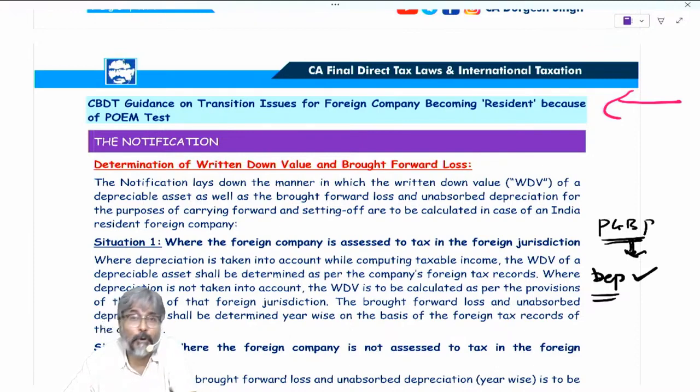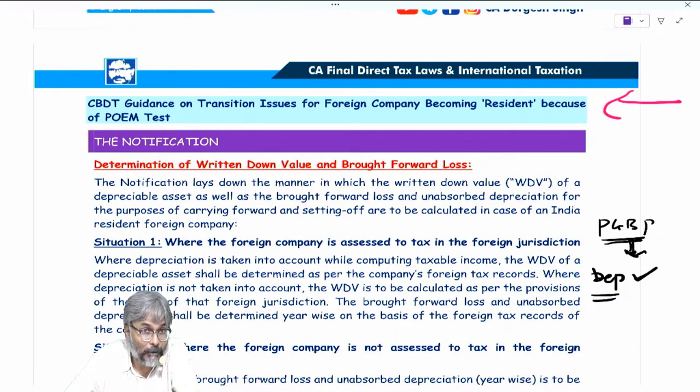So the question therefore to all of you is, what is the option now that is there? There are two options. Option one is, let's take the foreign data only, the opening WDV as per whatever is the WDV that they have determined as per their foreign laws. Just consider that and on that apply the depreciation. This is a very simple thing, isn't it?